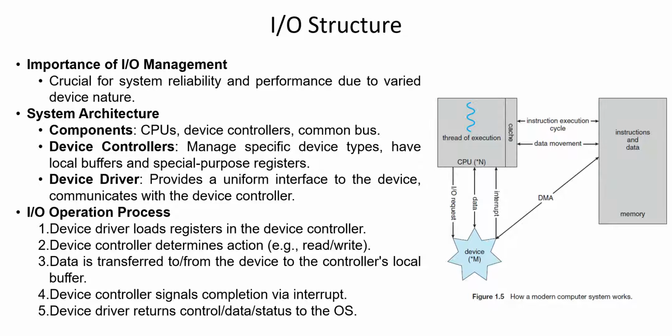Fourth, the device controller signals completion via an interrupt. And fifth, the device driver returns control, data and status back to the operating system. This five-step cycle happens constantly, every time your computer reads a file, saves data, or communicates with any peripheral.